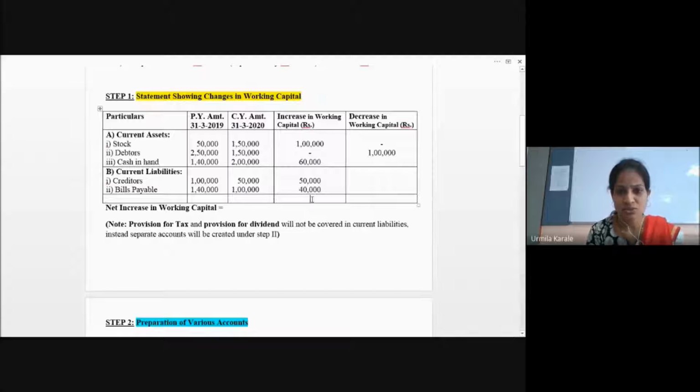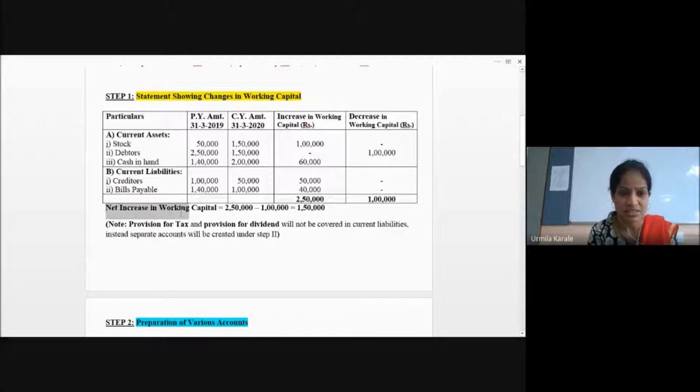Now next you need to do the total of this and the total of this, 1 lakh. So I'm writing it here, 1 lakh. So this side 1 lakh, then this is 2,50,000. Since the increase column is more, the net increase in working capital equals 2,50,000 minus 1 lakh, that is 1,50,000.